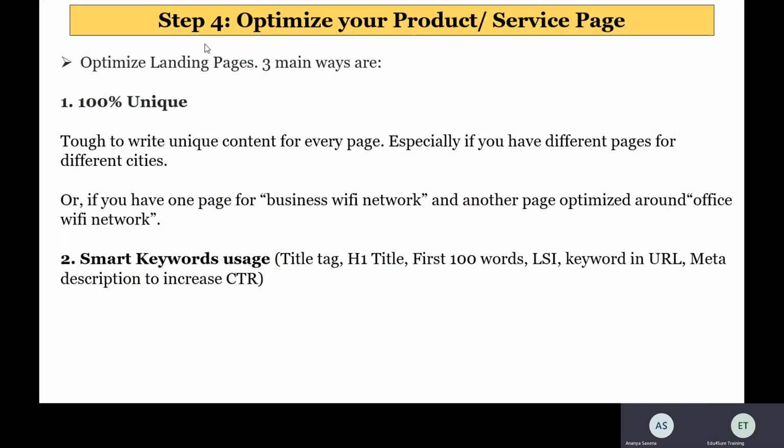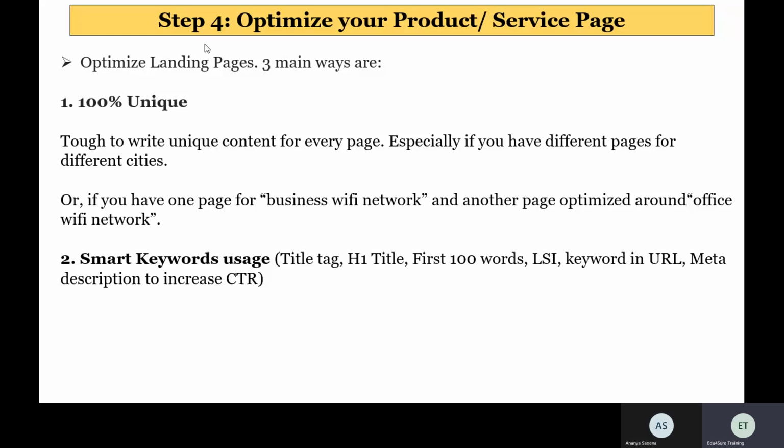Simple. Second, you have to use the title, H1 title, 100 words, LSI, URL matter. We have already discussed, so I'm not going to repeat this. You have to use keywords in a smart manner. When I say smart, it means you should use the keyword in slug, in title, in H1, in 100 words, distribution heading. Sometimes people only focus on keyword density.